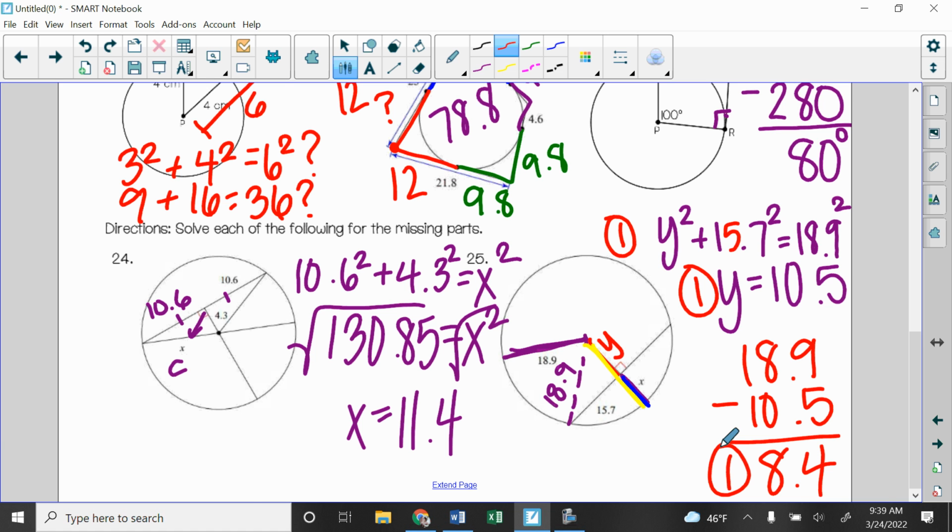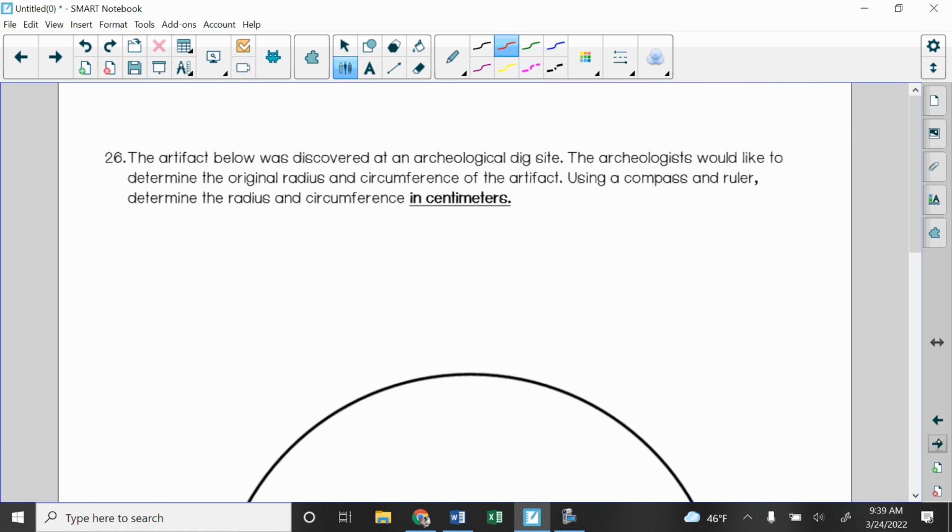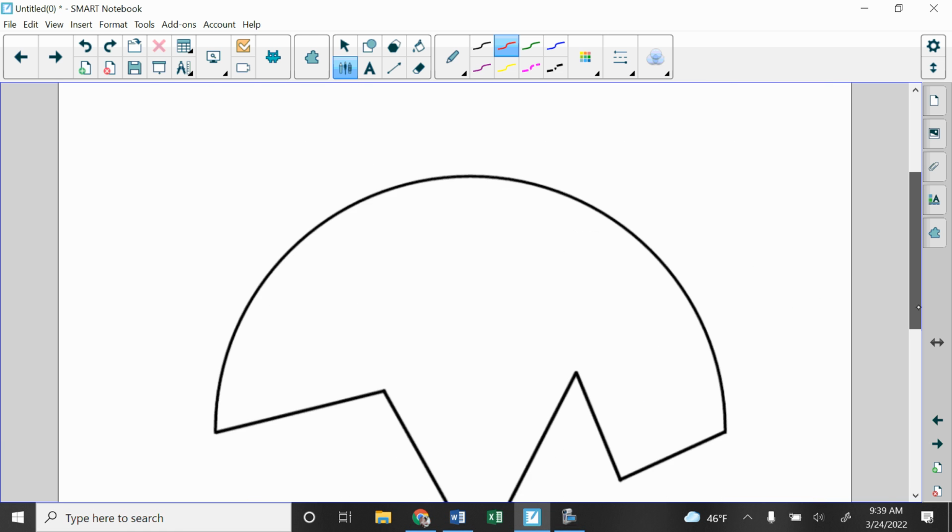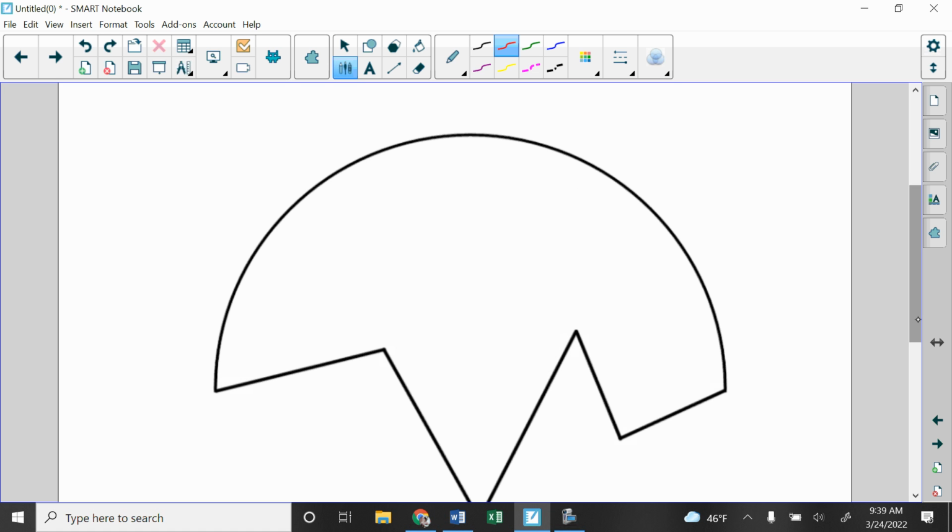Okay, the next page was this guy. I'm not really going to go over the process because I'm not putting it on the test tomorrow, but you should have gotten R being 7, and then you should have gotten C being 14 pi.